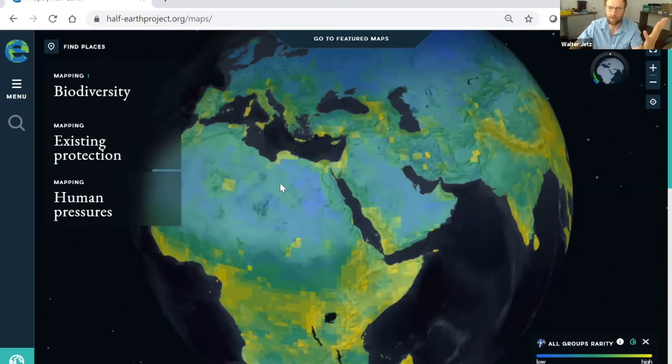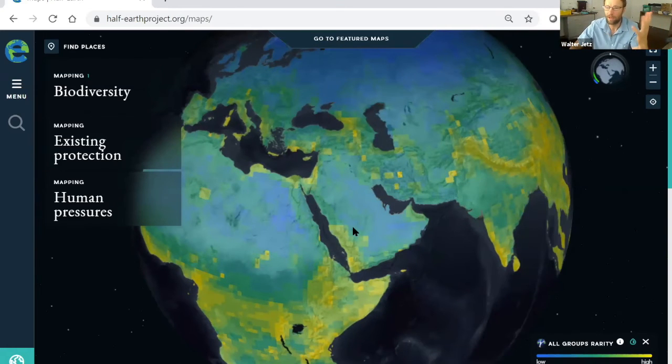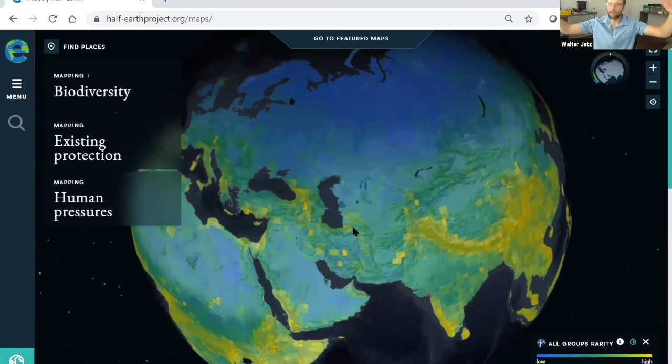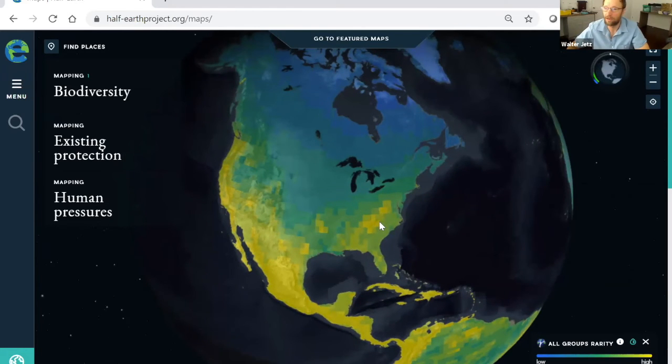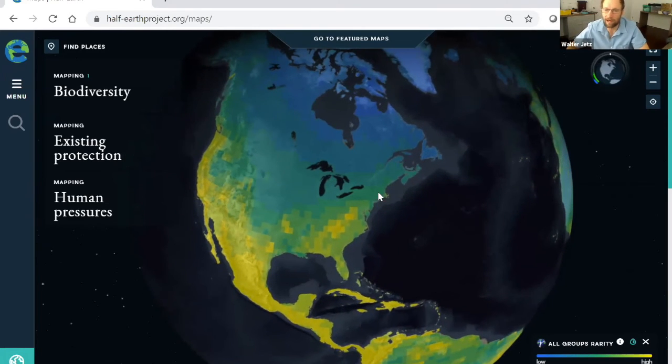The reason why much of the north here is rather blue is because of colder temperatures, past glaciation, leading to relatively few species occurring there. And certainly then the species that occur there often not being geographically very rare. So many species you find in Connecticut, you would also find over much of Canada.